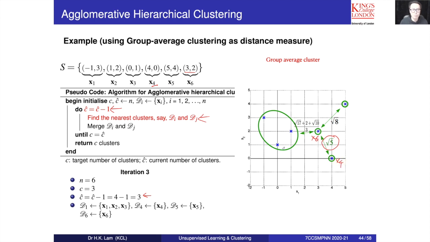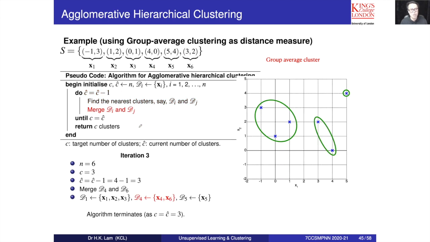We group them together when we execute this line. Now we come up with 3 clusters: the first cluster has x1, 2, 3, the next cluster is x4, x6, and the next cluster is x5. We have 3 clusters. If you would like to reduce the number of clusters further, you just repeat this process.